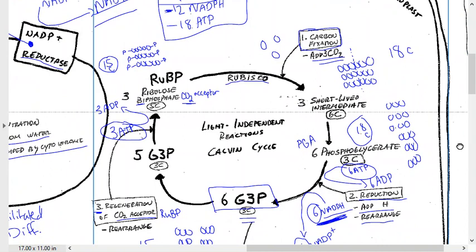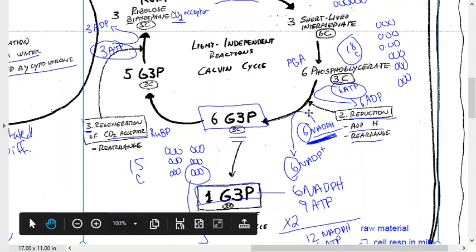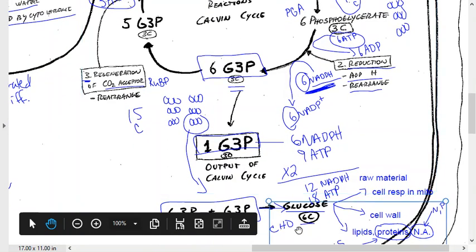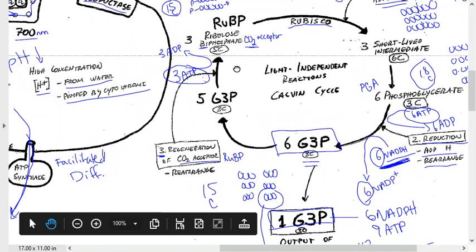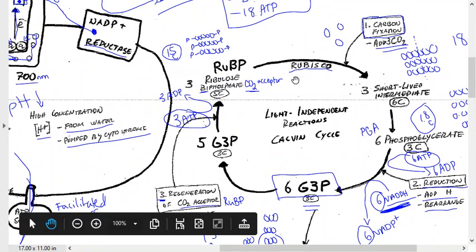They're going to get split using ATP, and they're going to get reduced using NADPH into 6 3-carbon molecules, one of which exits the Calvin cycle entirely as G3P. The remaining 5 G3P are going to get rearranged using some ATP, and we replenish our stock of ribulose bisphosphate, and this cycle can go over and over and over again.